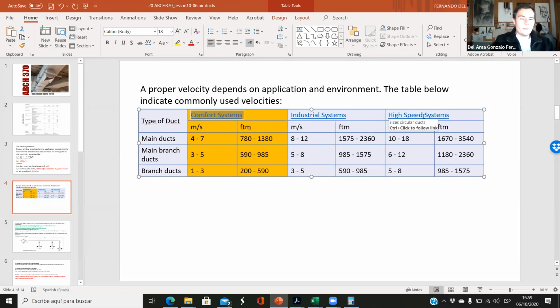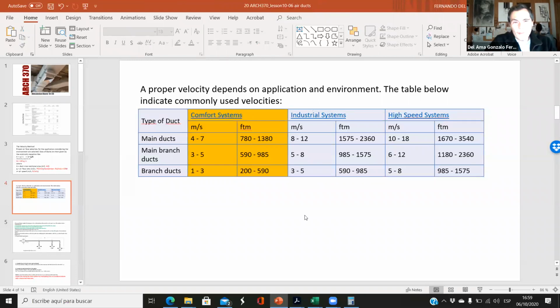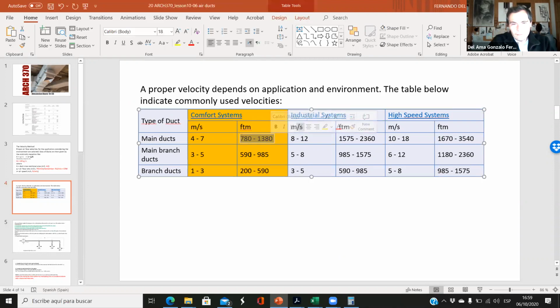They are buildings for other uses. But when we have people, those are the velocities that we have to abide by. And as you can see, we have different kinds of branches. We have branch ducts, or different kinds of ducts. And we have the main duct, the main branch duct, or the branch duct.